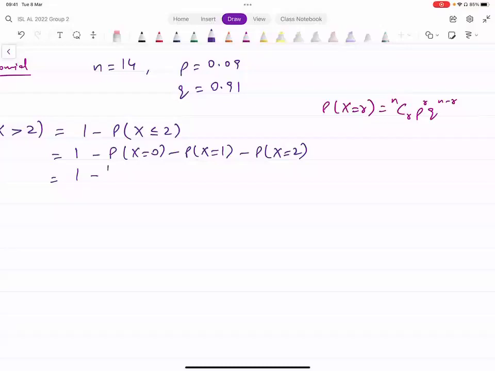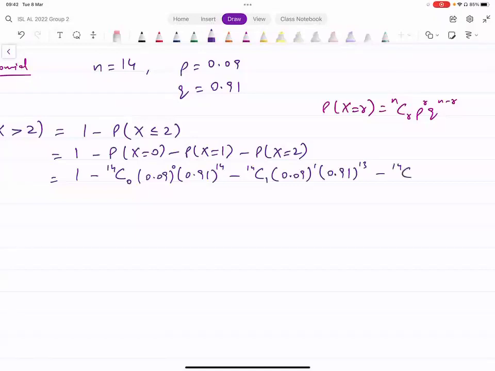N की value 14 है. 14 C0, p is 0.09 whole raised to power 0 into 0.91 whole raised to power 14. Minus 14 C1 into 0.09 whole raised to power 1 into 0.91 whole raised to power 13.